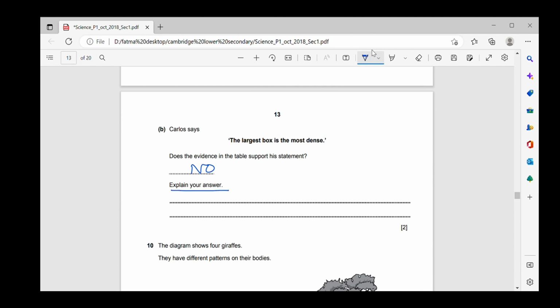Explain your answer. The density of the largest box, which is box A, is 1.2. And this is the lowest density.